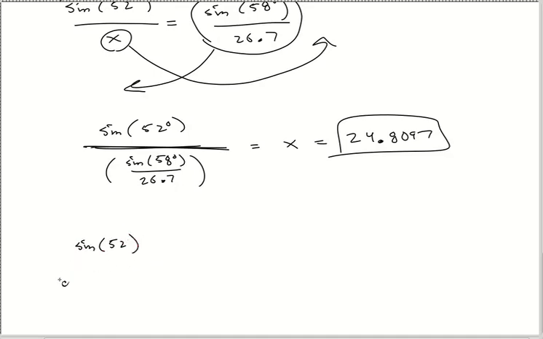You would just be in degree mode. Let me just say degree mode, since we've been doing that a lot. So sine 52 divided by, open parentheses for the entire denominator. Okay, so I got sine of the 58, close, and then divide by the 26.7, and then close for denominator. Notice my denominators all together. I think that's it, and you just get that.